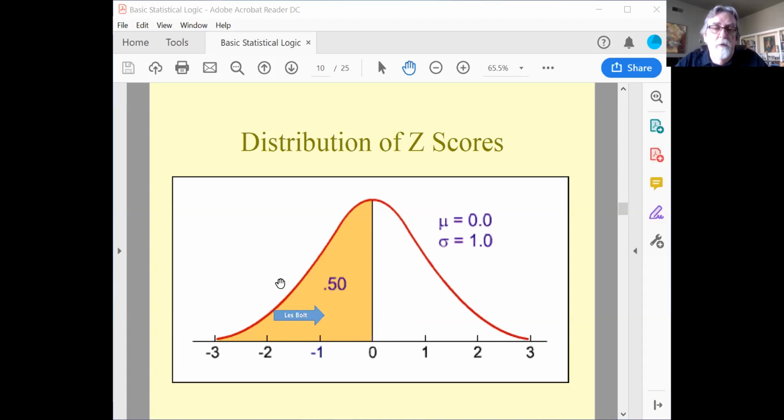And sometimes it's important to understand the skewness of the distribution, so that you can make decisions about whether an outcome is a meaningful outcome or not.